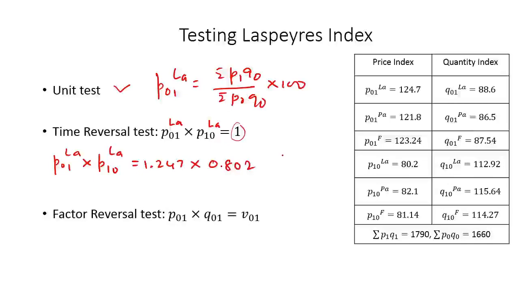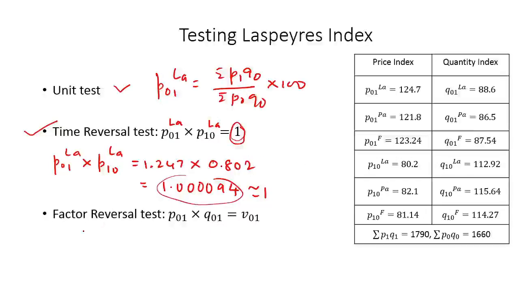So if we multiply this, it will come to some 1.00094. So this is almost equal to 1, and that is the requirement here. So we can see that the Laspeyres index number satisfies the time reversal test.